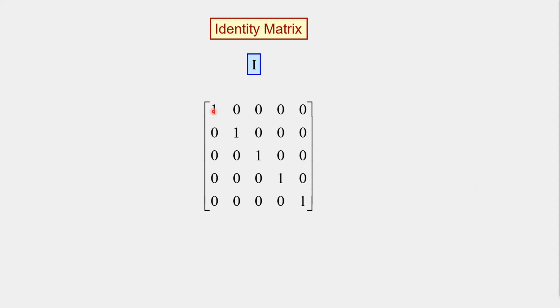It has ones down its diagonal. And the identity matrix has some special properties. If we multiply a vector by the identity matrix, it leaves the vector unchanged. If we pre- or post-multiply a matrix by the identity matrix, it leaves the matrix unchanged.